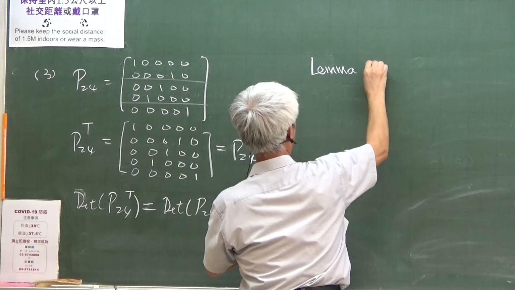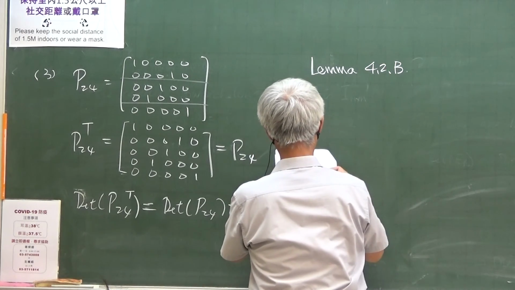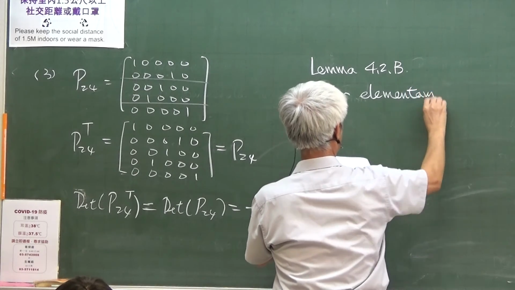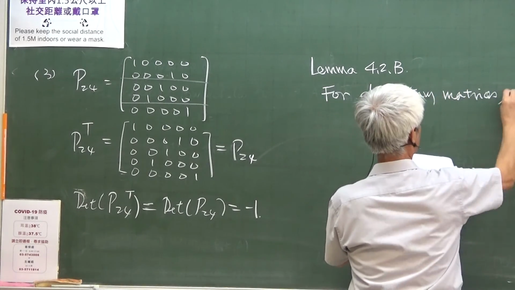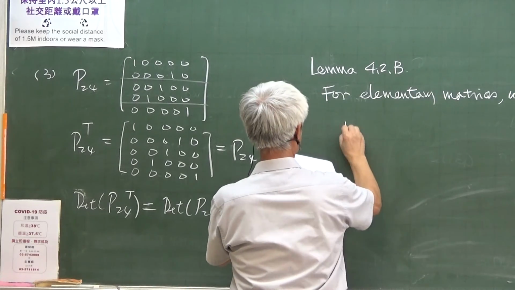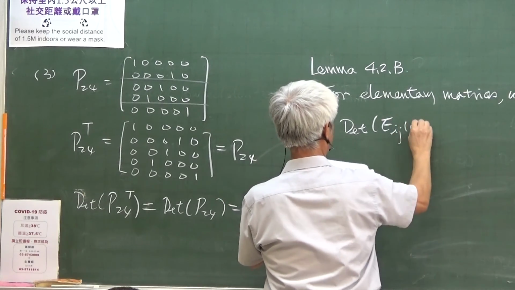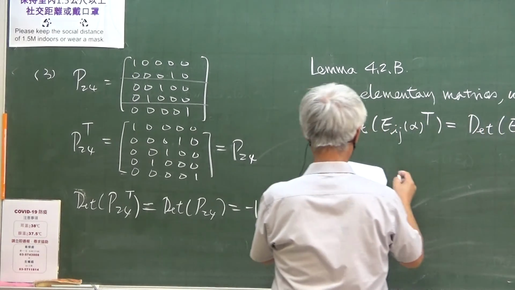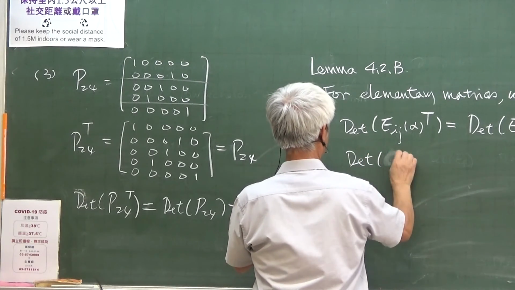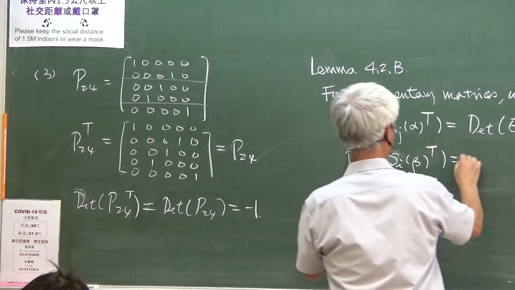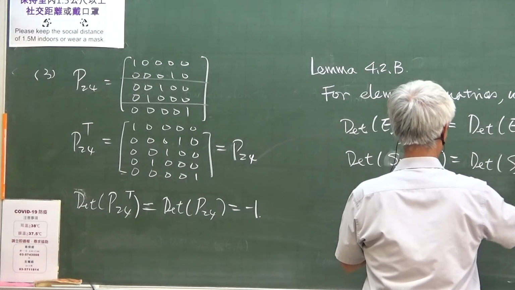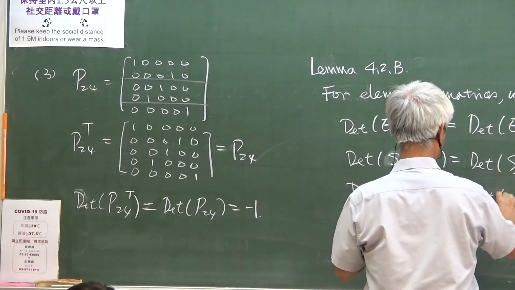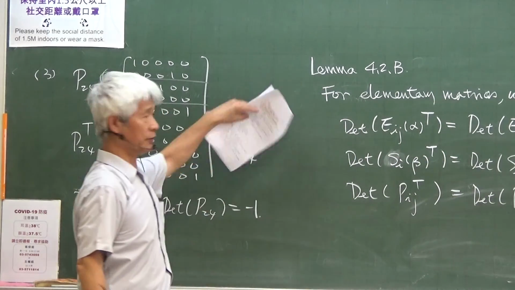Lemma 4.2b for elementary matrices: we have the determinant of E ij alpha transpose is equal to the determinant of E ij alpha, the determinant of S i beta transpose is equal to the determinant of S i beta, and the determinant of P ij transpose is equal to the determinant of P ij.